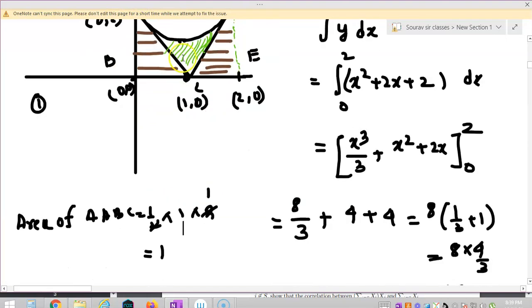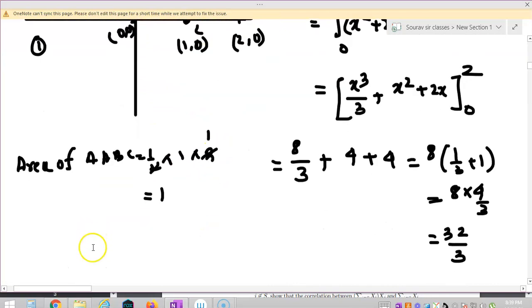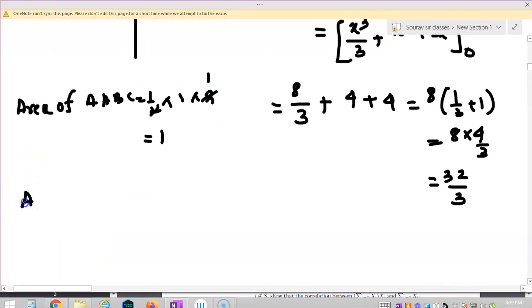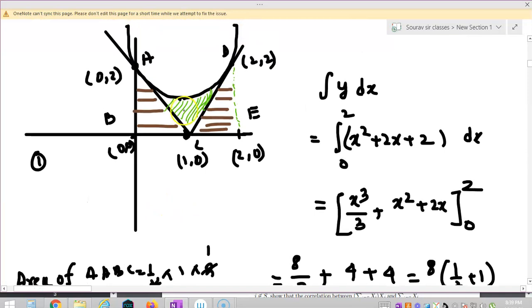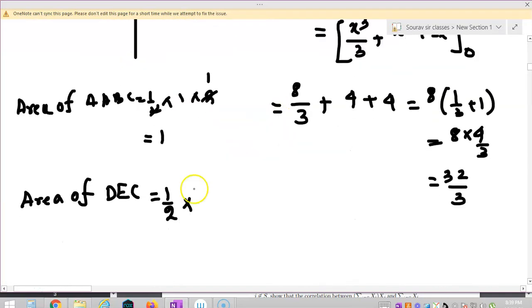Again we need to find out the area of DEC. The area of DEC is half into, again the base is 1 and the height is 2, so half into 1 into 2, which is 1.